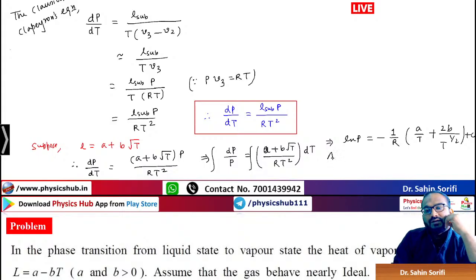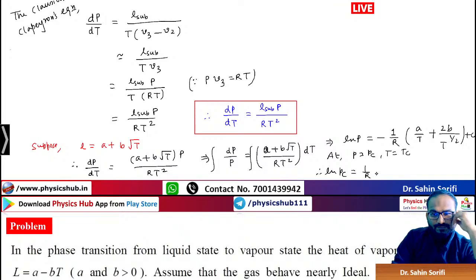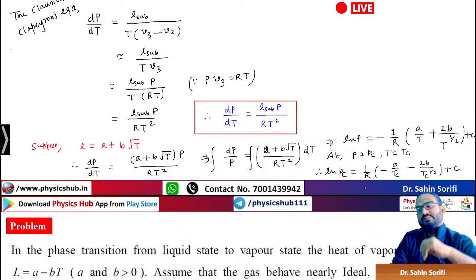If you consider that P is equal to PC, T is equal to TC, the critical point, we can write that ln PC is equal to 1 by R times minus A by TC minus 2B by TC to the power half plus the constant.